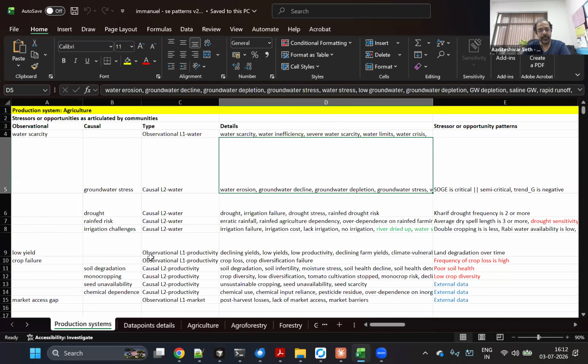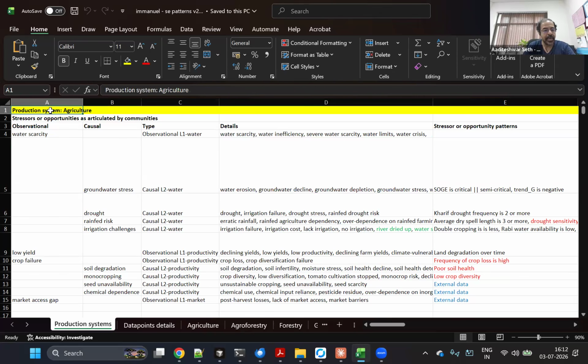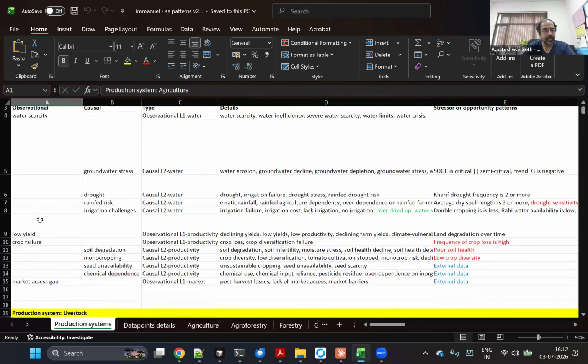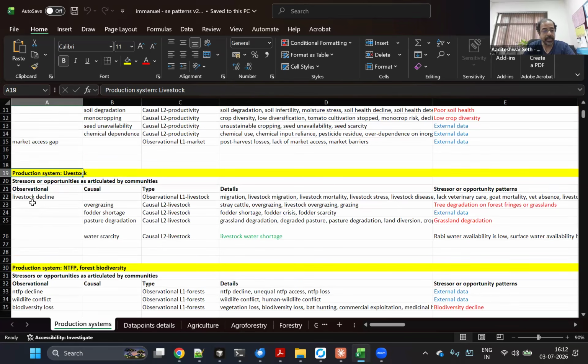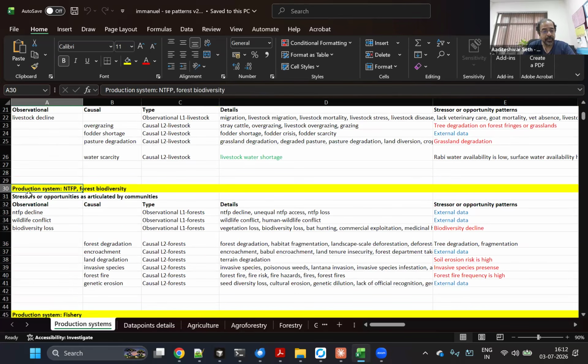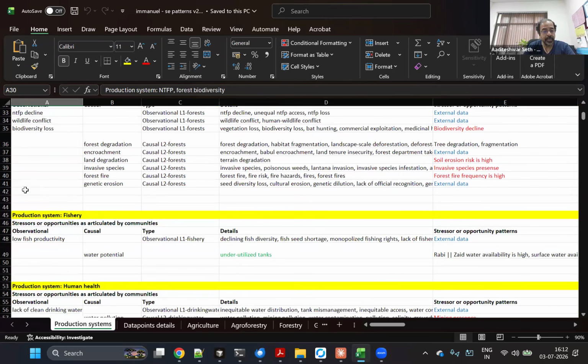This was the very first phase. We ran all those case studies through LLMs, and it helped us organize them under different production systems. Agriculture is a production system, livestock is one for which we haven't developed the pathways as yet, NTFP and forest diversity is one, fishery, and so on.